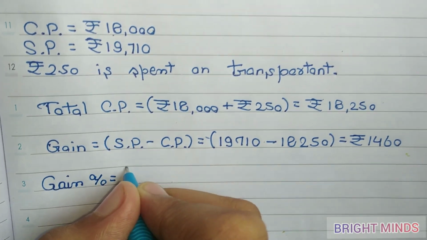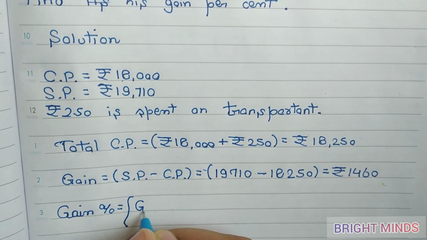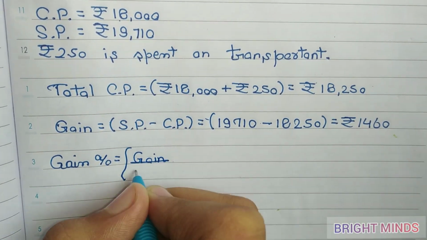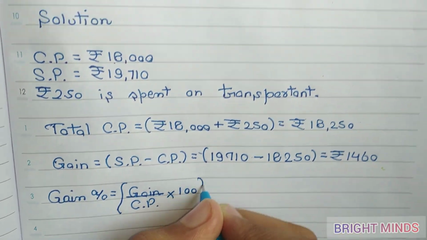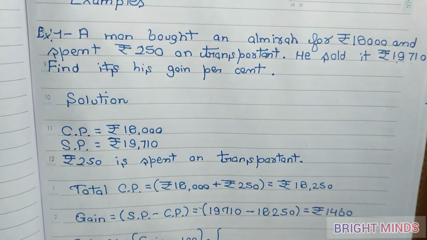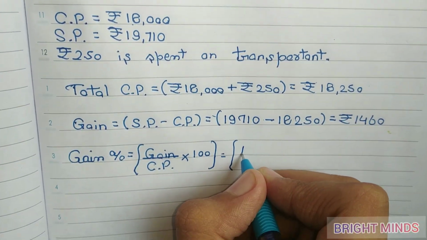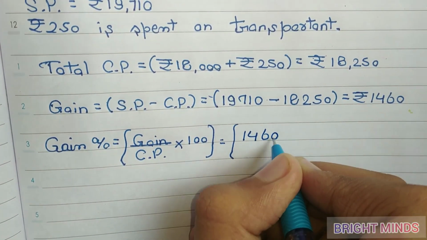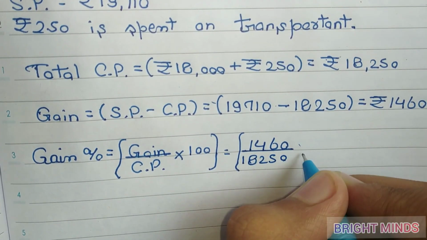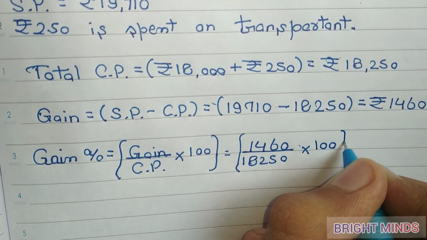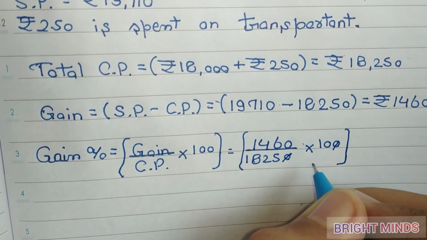Now our gain percent is equal to gain upon CP into 100. Gain is our 1,460, CP is our 18,250, into 100. Now the zeros cancel out.